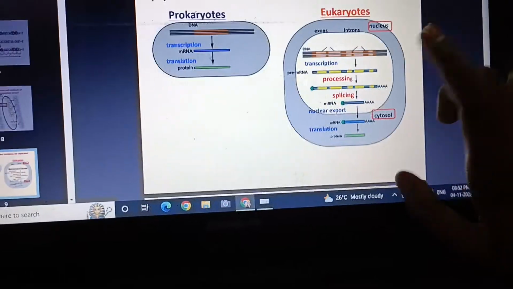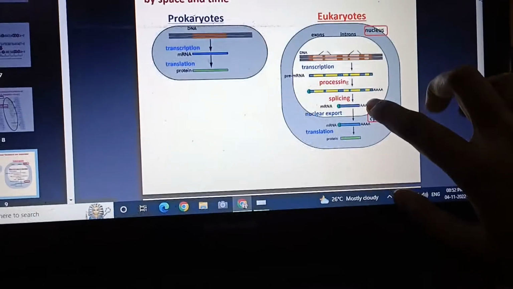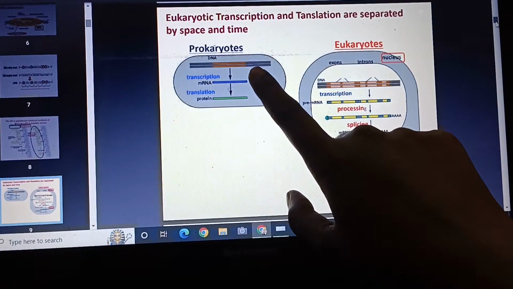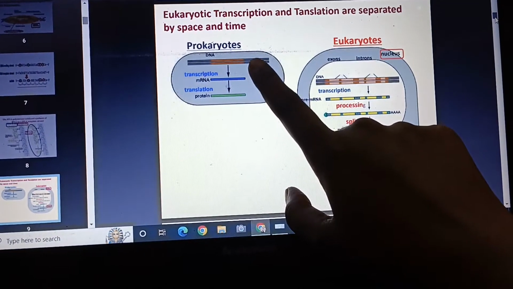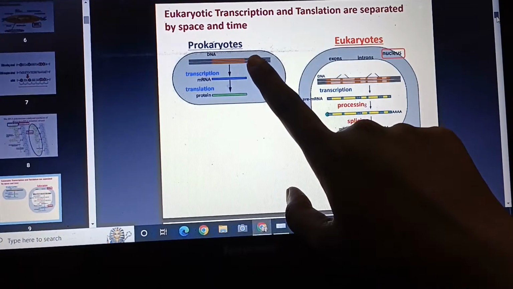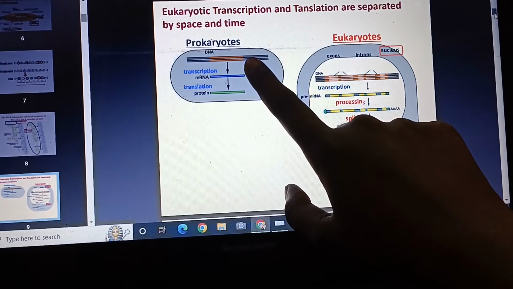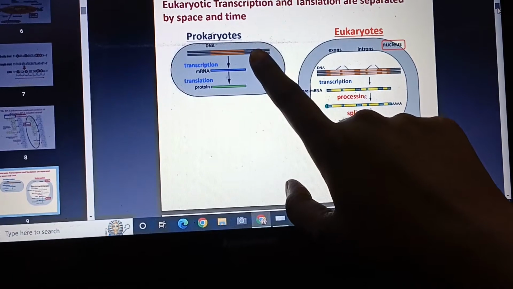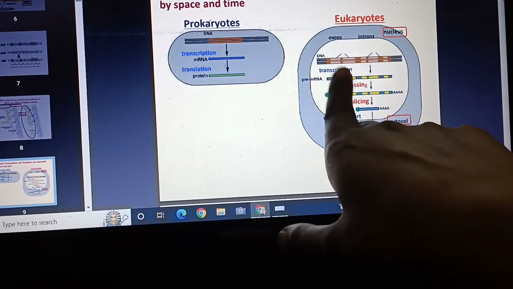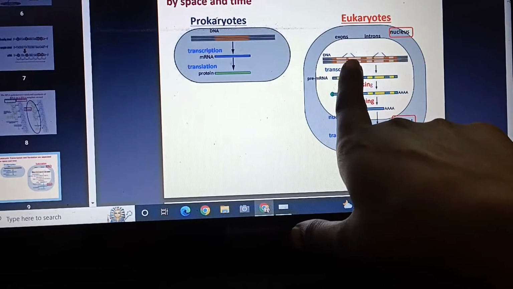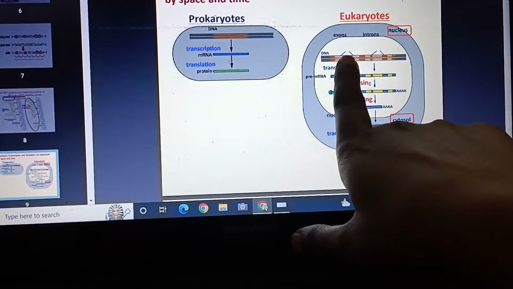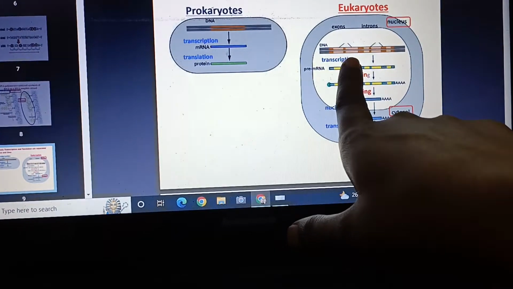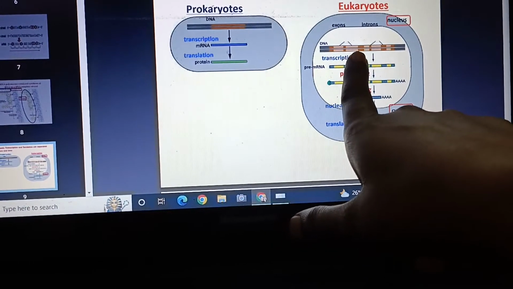One more thing I need to tell you. See the DNA strand here. Prokaryotes have no introns or exons, no non-coding sequence. Only coding sequences are present, compared to eukaryotes. But in eukaryotes, introns, which are non-coding sequences, are present.